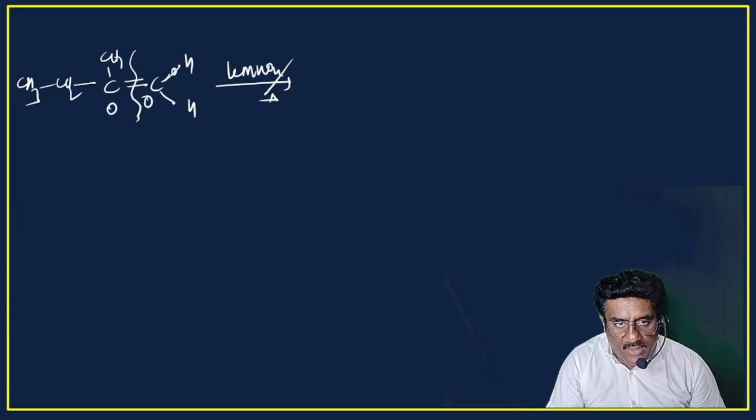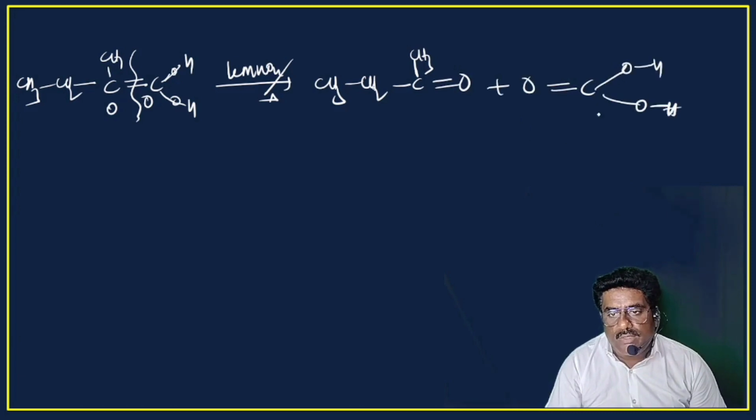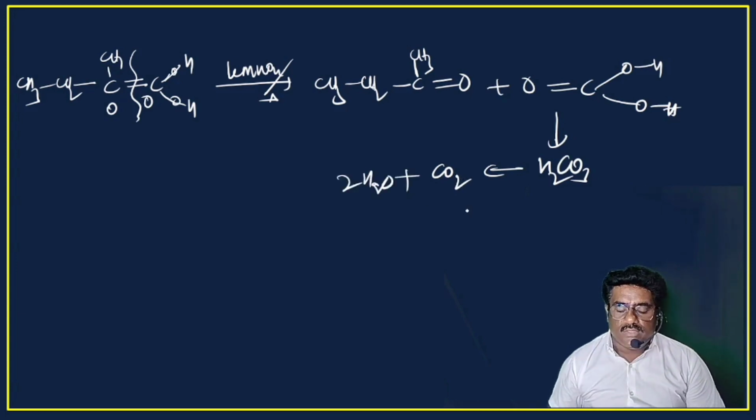It gives CH3-CH2-C(=O)-CH3, completed. Now moving to C double bond O with OH, OH. It forms H2CO3. It forms CO2 plus H2O. This is the product for oxidative ozonolysis.